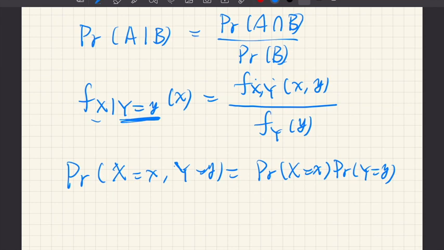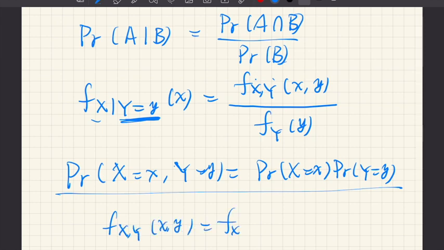If x and y are independent in this sense, then we can split the density function into two parts. Sorry, this is not y, this is x.